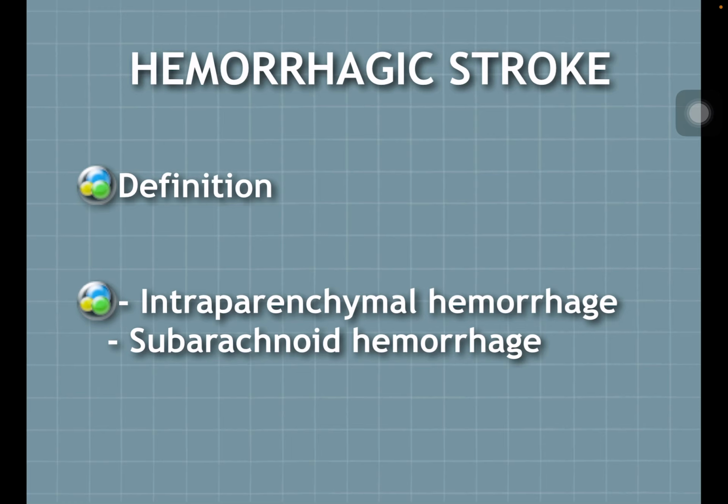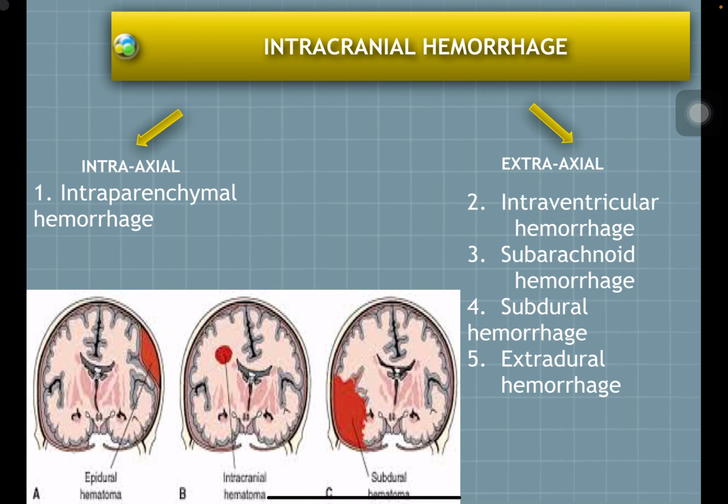So we have intraparenchymal hemorrhage. Under the extraaxial, we have intraventricular hemorrhage, subarachnoid hemorrhage, subdural hemorrhage, and extradural hemorrhage. The extraaxial types are differentiated according to the location of the bleed.